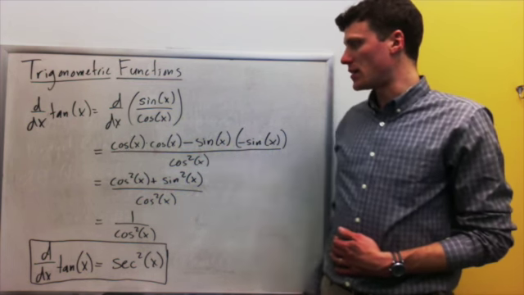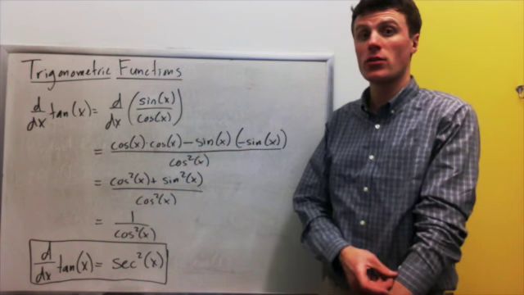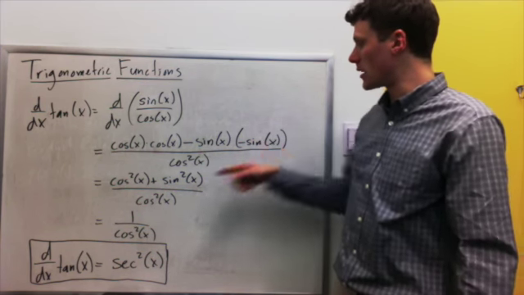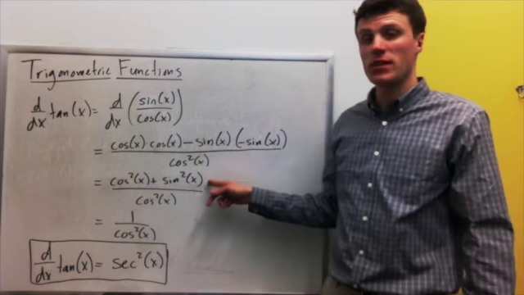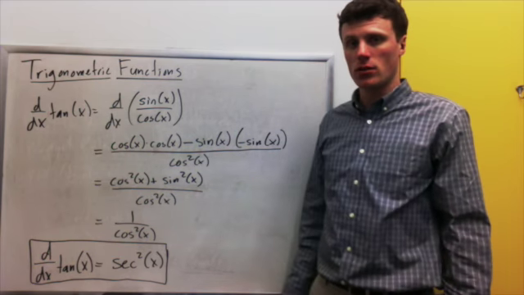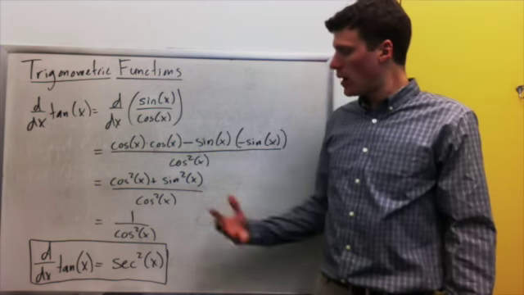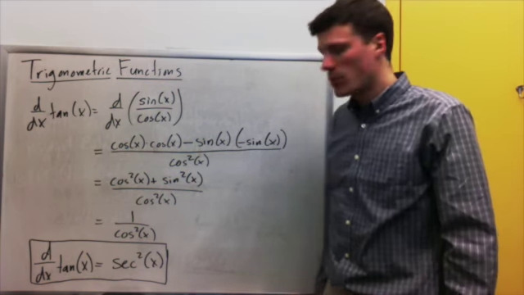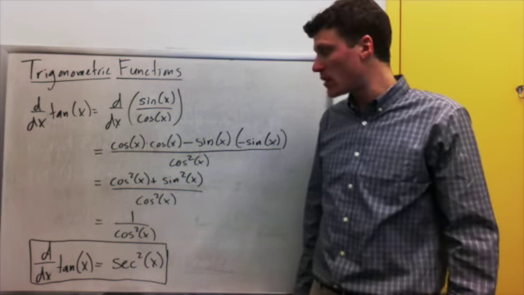I simplify the top. Cosine times cosine gives me cosine squared. Negative sine times negative sine gives me negative, negative, positive. Sine, sine gives me sine squared. That's still all over cosine squared. Well, cosine squared plus sine squared, you may or may not remember this, but this is a Pythagorean identity.